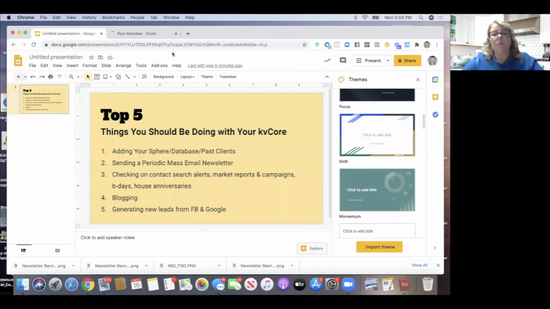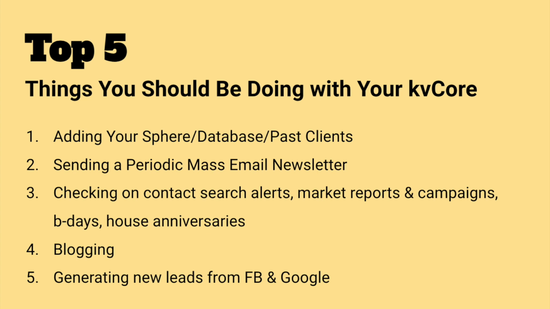The top 5 things you should be doing with kvCore, that's what we're going to talk about. Just what should you actually be doing with this thing? What's your playbook? The first thing you should do is make sure you've added everybody that you know, your sphere, your database, past clients. They should be in your kvCore.